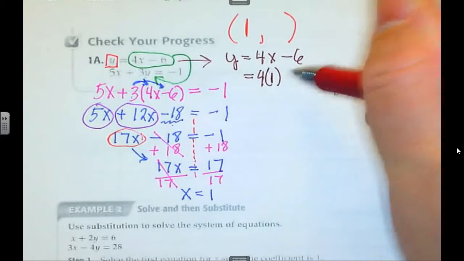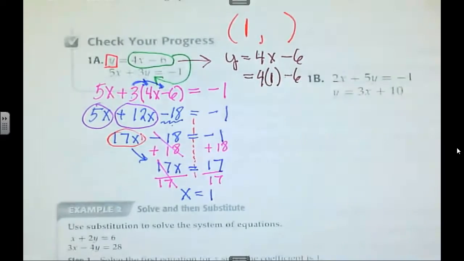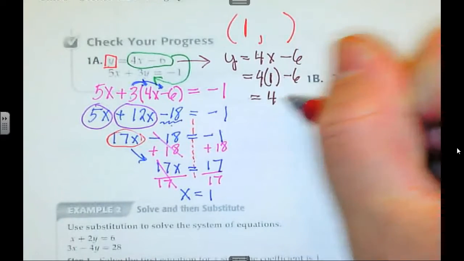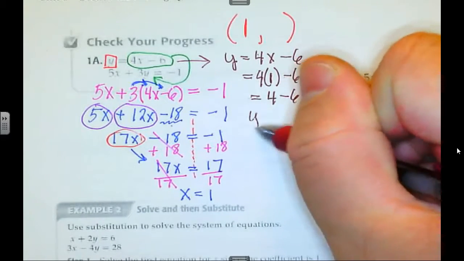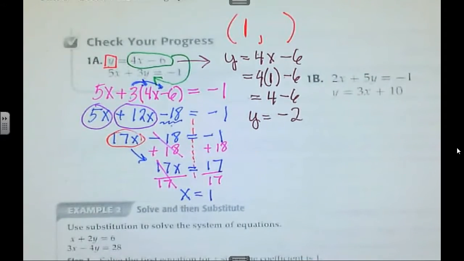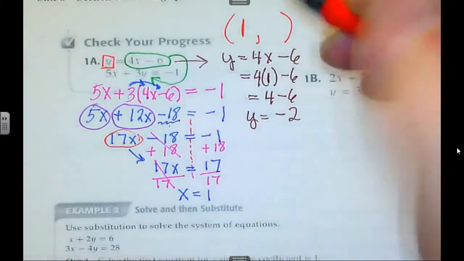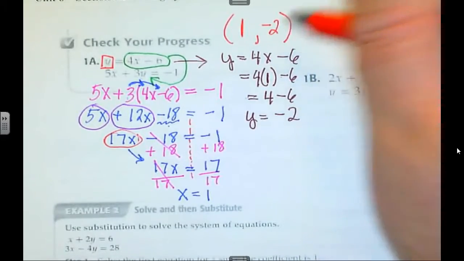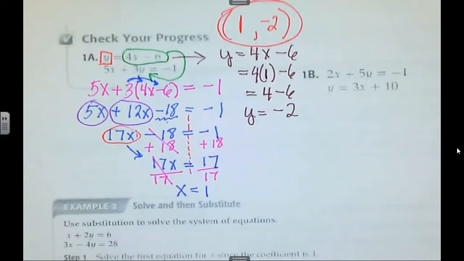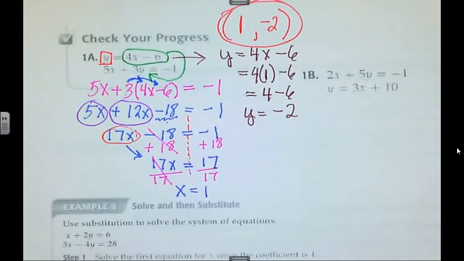So I'm going to substitute in 1 for x. 4 times 1 is 4 minus 6. So y is going to equal negative 2. So there's the point of intersection: 1, negative 2. These problems can get a little lengthy.